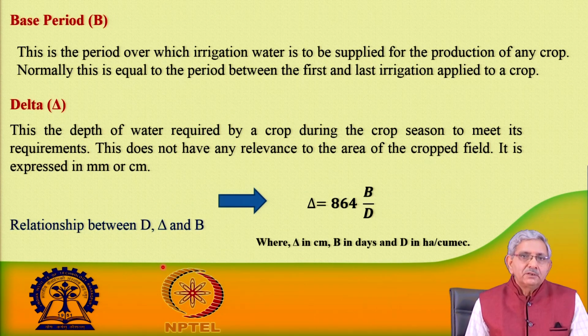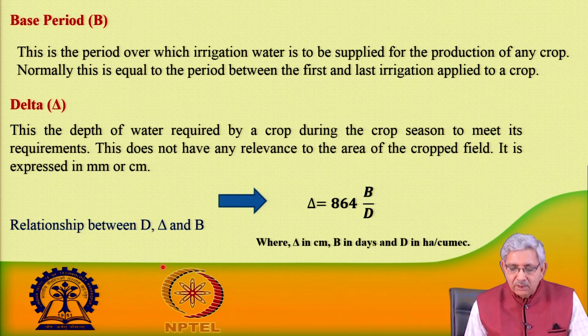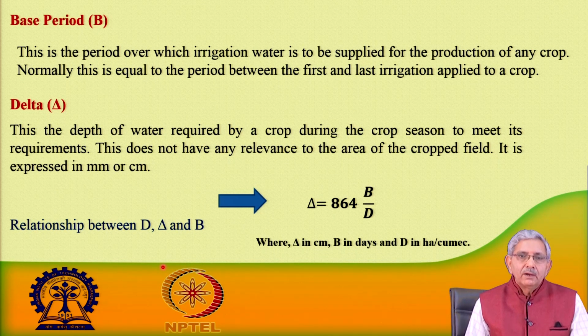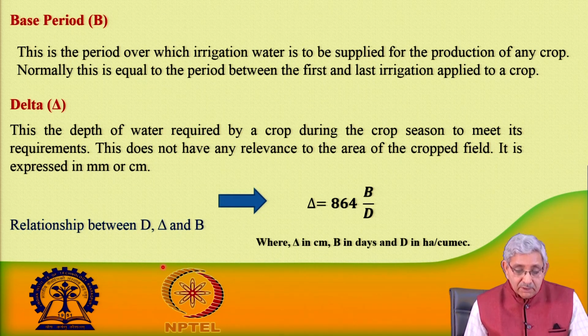Base period is another term which is used. This is the period over which irrigation water is to be supplied for the production of any crop. Normally, this is equal to the period between first and last irrigation applied to a crop. Delta is another term.